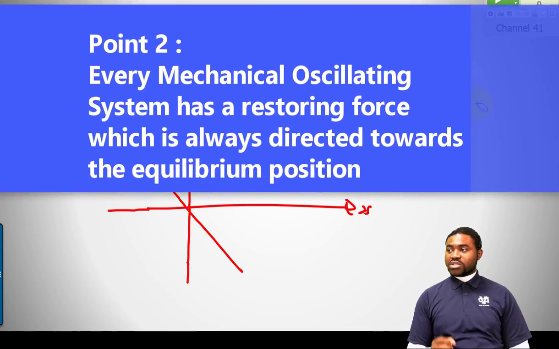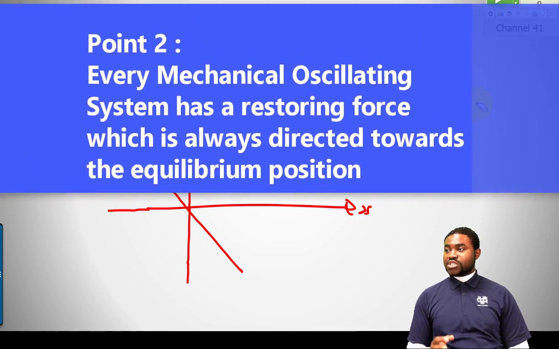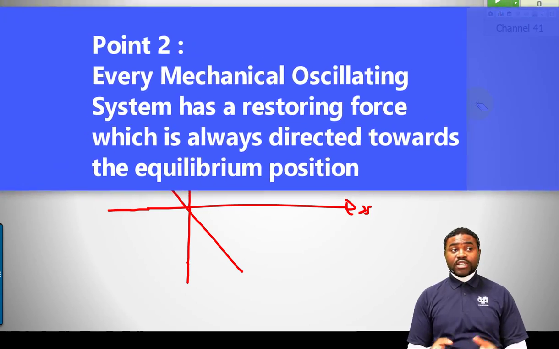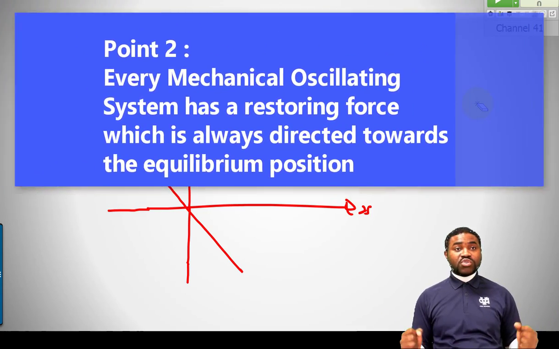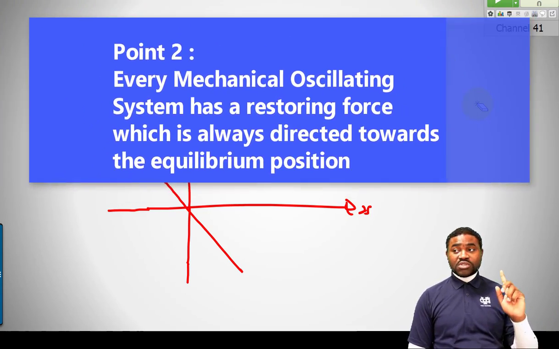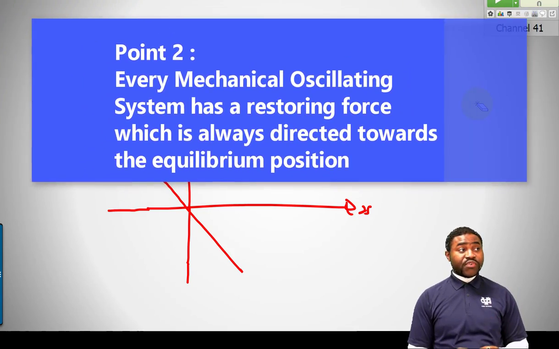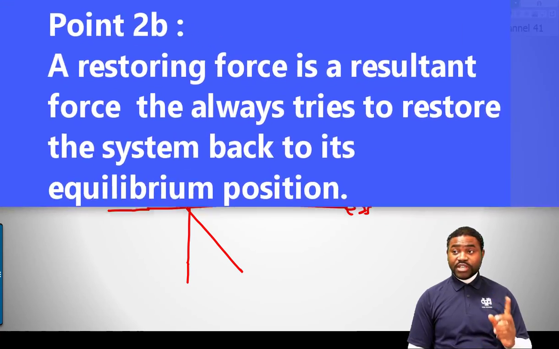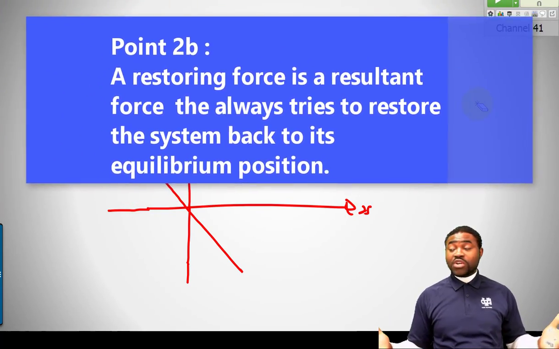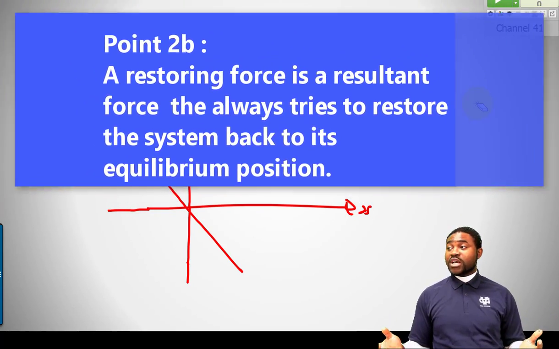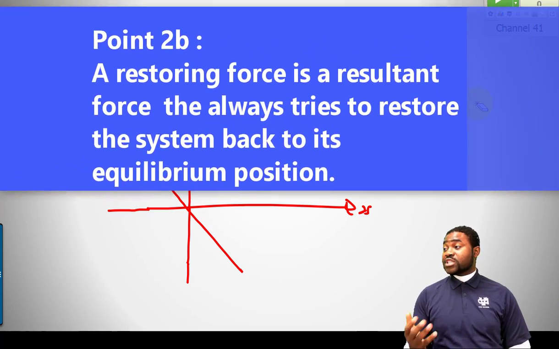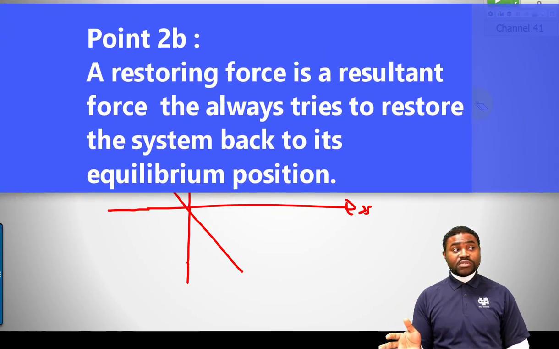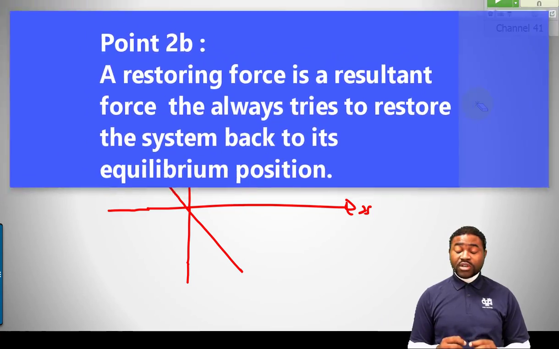Every mechanical oscillating system has a restoring force that always tries to restore the system back to equilibrium position. Now, just to let you know, a restoring force is a resultant force, just like the centripetal force, which means that a restoring force really cannot be represented in a free body diagram because it is what? A restoring force. I'll explain that a little bit further.